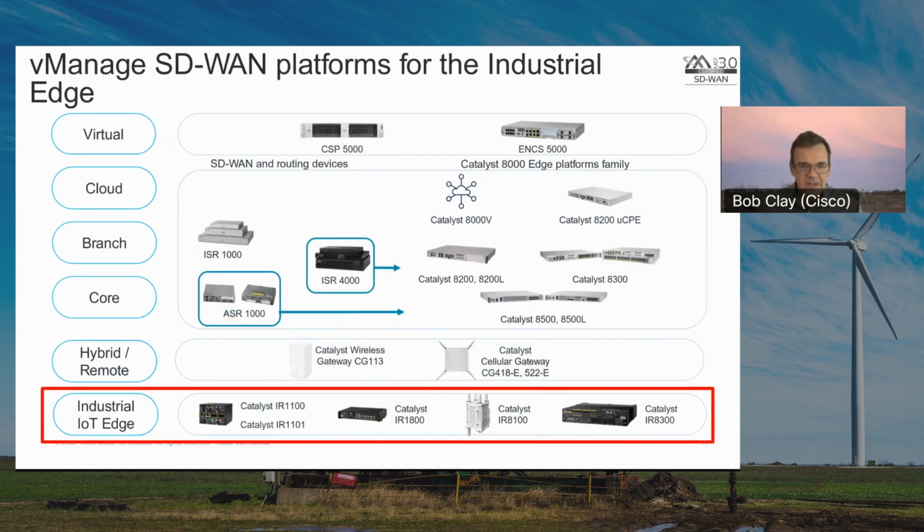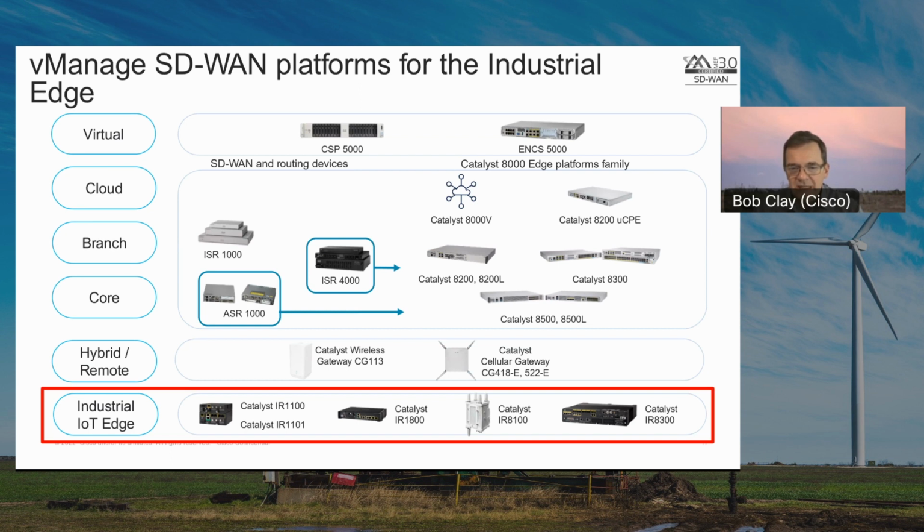And this slide, in the red box at the bottom, highlights the platforms that we have support for SD-WAN: the IR 1100, which I covered, and the IR 1800, which I covered. We have an IR 8100, which is used in the utility space. It can go on a utility pole. You actually use the same modular modems in the other platforms, so it's one set of modules.